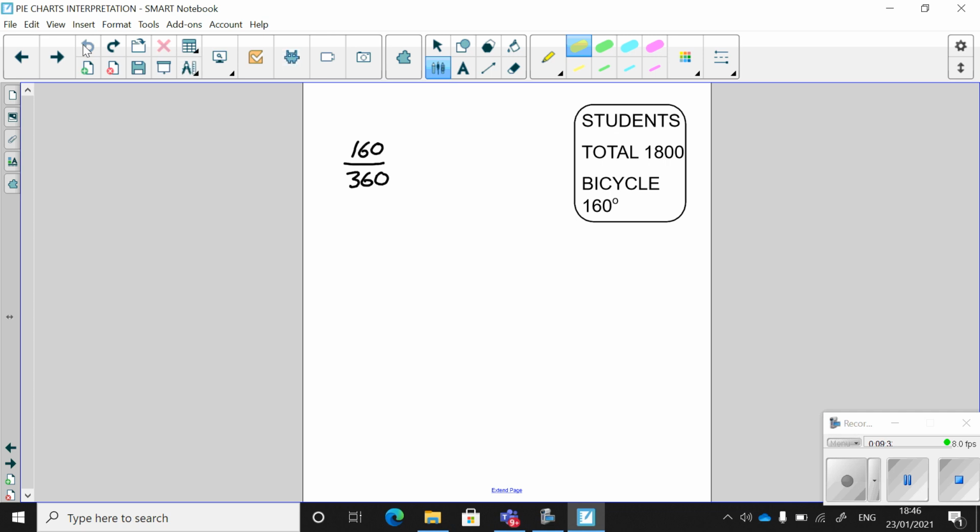So I'm just going through this quicker. That gives me the fraction 160 over 360, times the total, times 1800, and by the magic of the calculator, 160 divided by 360 times 1800. I think 800 somewhere. Yep, 800. That looks fine to me, and I should have written 800 students. But hopefully you're fine with that. Right, let's move on.